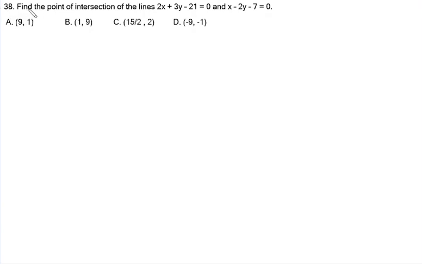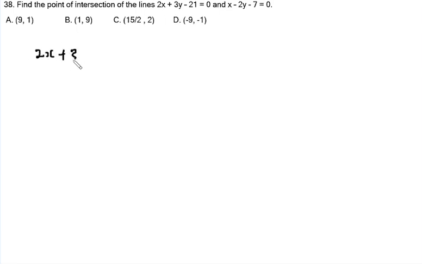So for question 38, we are asked to find the point of intersection of the lines 2x plus 3y minus 21 equals 0 and x minus 2y minus 7 equals 0. So to start off, we can write out the lines: 2x plus 3y minus 21 equals 0, and then x minus 2y minus 7 equals 0.